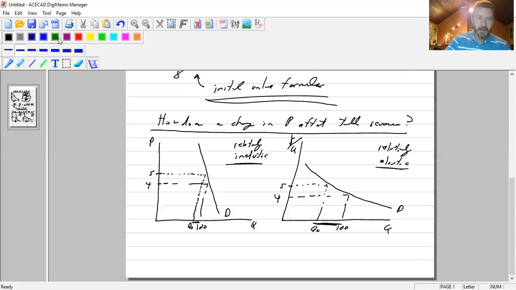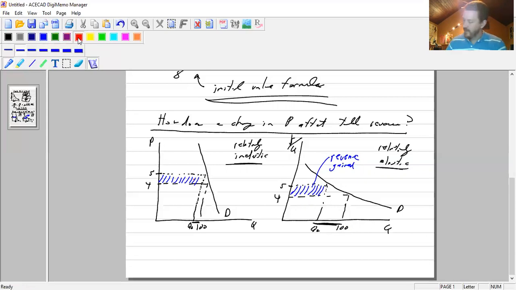Now this area depicts revenue gained to the firm, because for all these units that the firm is still selling, they're making this much more money on each of those units because they're charging a higher price. Let me depict it over here too. This is the revenue gained.